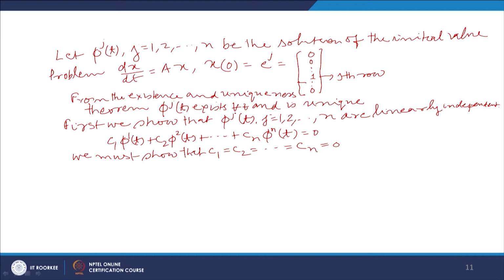Now, since this equation C1 phi 1 t plus C2 phi 2 t and so on Cn phi n t is equal to 0 is valid for all t, let us put t equal to 0 in this equation.